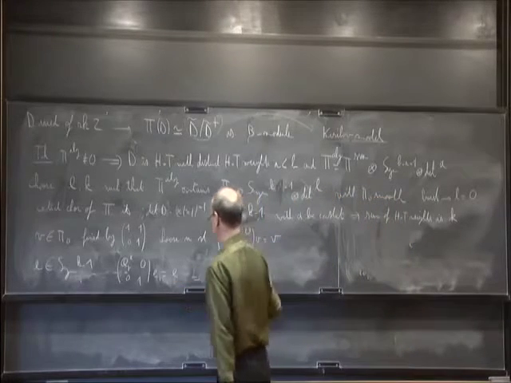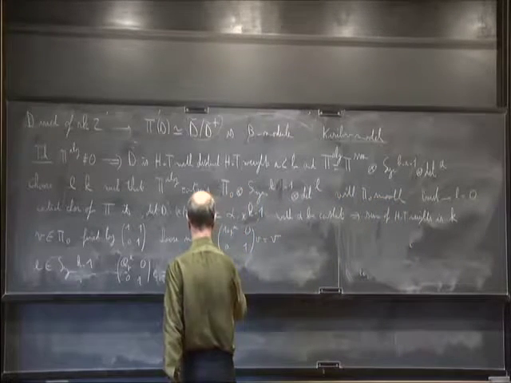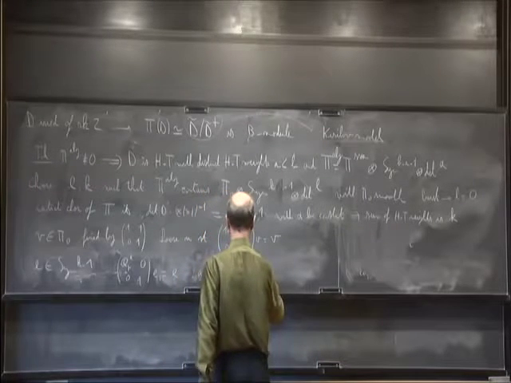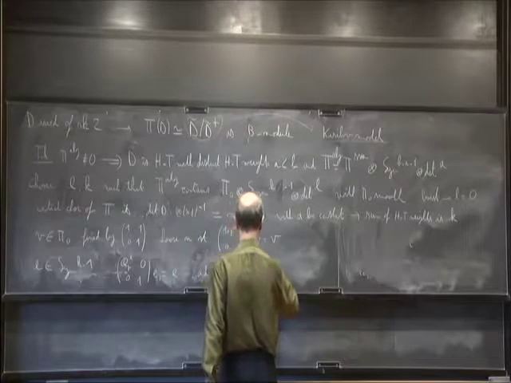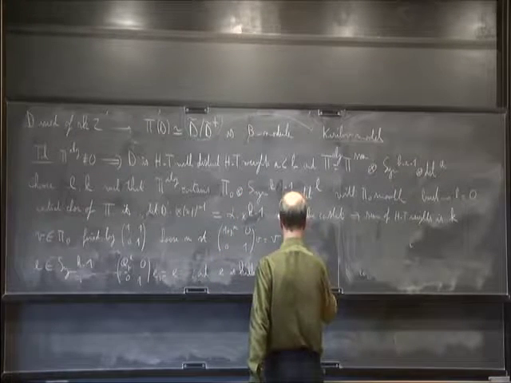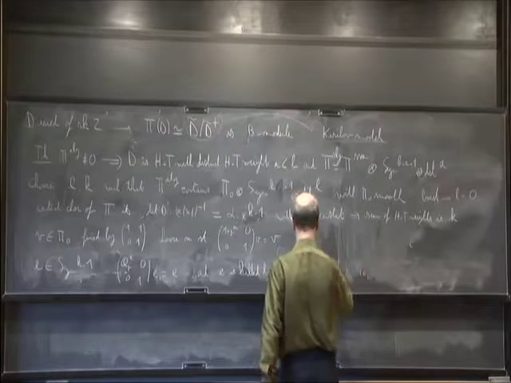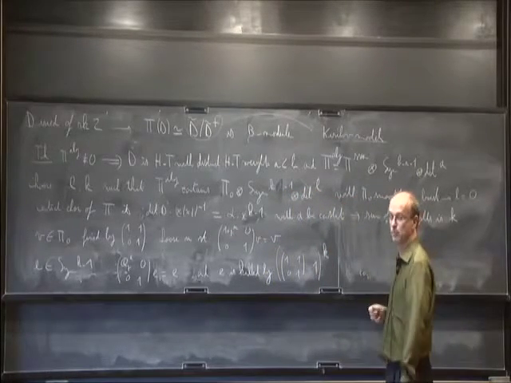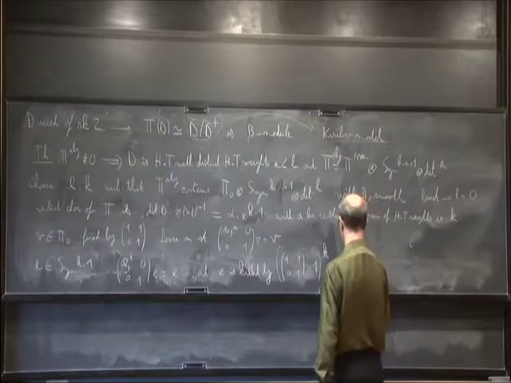And it is killed by ((1,1;0,1) minus 1) to the k, but not by the smallest power of this operator.